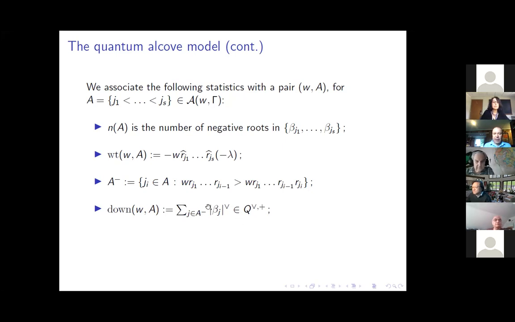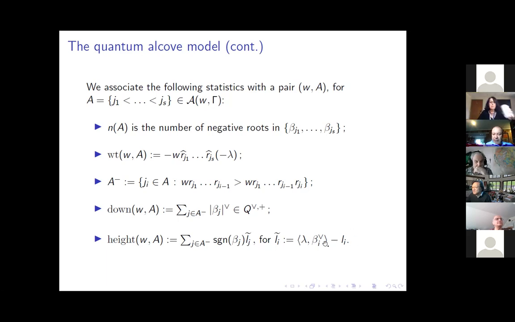I take absolute values, so I take the corresponding positive root in case the root is negative. So this is an element in Q check plus. And finally, another statistic, height of W, A, is obtained again by summing over only the down steps these affine levels. Actually, the complementary ones, Lj tilde, are obtained by subtracting the affine level from the maximum level, lambda beta check.